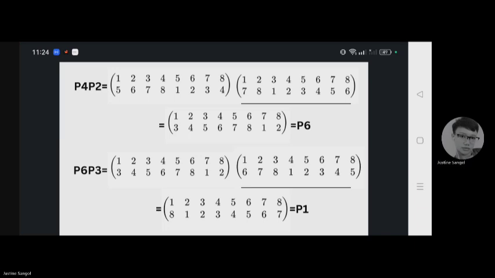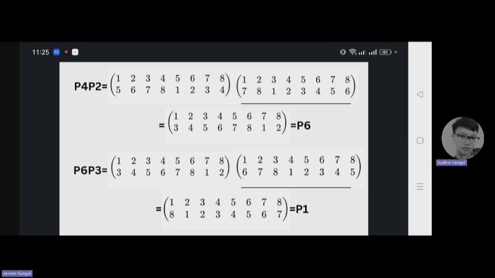So 1 to 7, and 7 to 3. That's why 1 is equal to 3. And 2 to 8, and 8 to 4. That's why it's equal to 2 to 4. And 3 to 1, and here in the first, it is 1 to 5. That's why the answer is 3 to 5. And 4 to 2, and in the first one it is 2 to 6. The answer is 4 to 6.